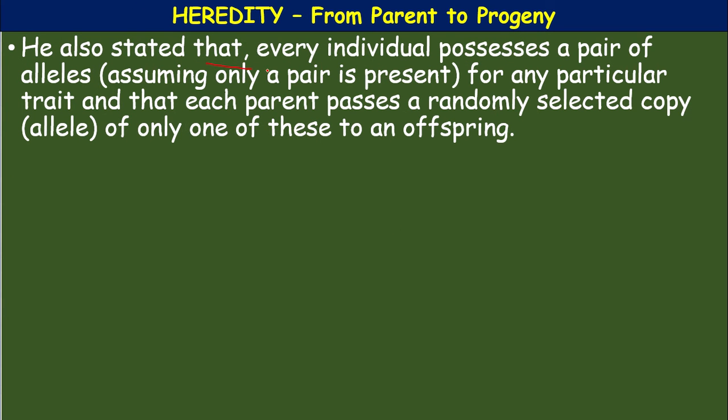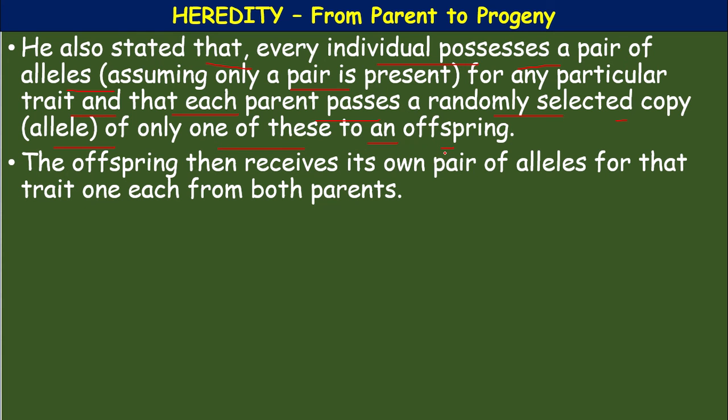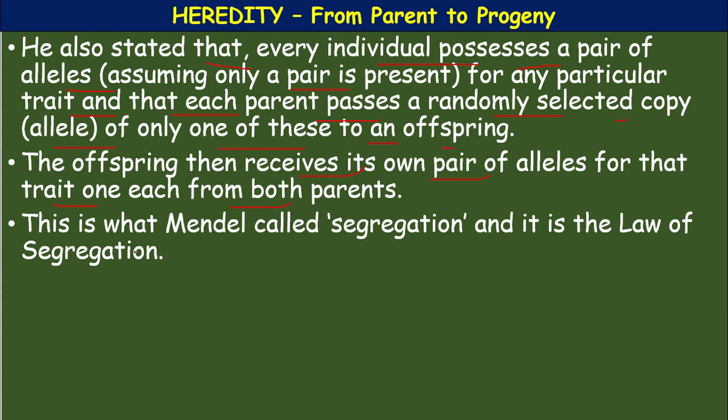He also stated that every individual possesses a pair of alleles, assuming only a pair is present for any particular trait, and that each parent passes a randomly selected copy of only one of these two alleles to the offspring. The offspring then receives its own pair of alleles for that trait, one each from both parents. This is what Mendel called segregation, the law of segregation. What does the law of segregation mean?